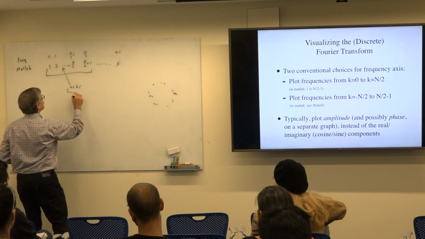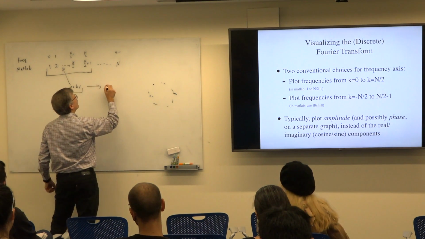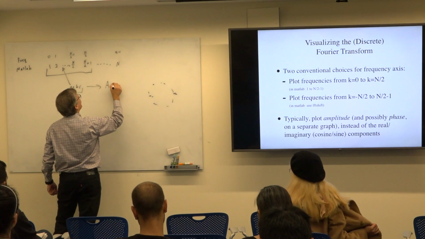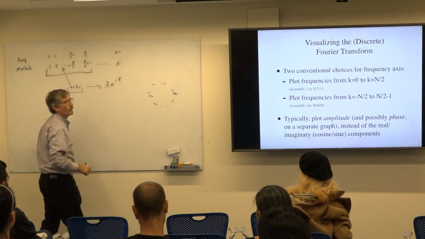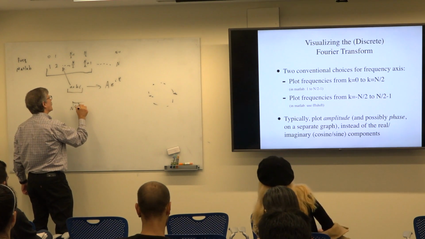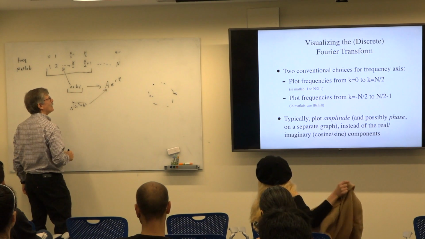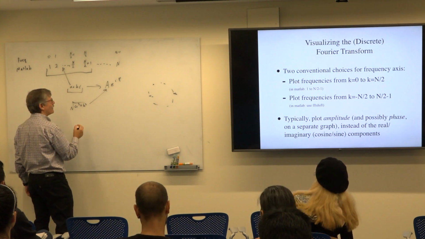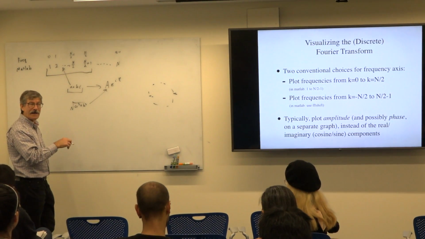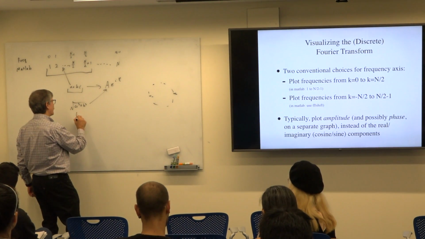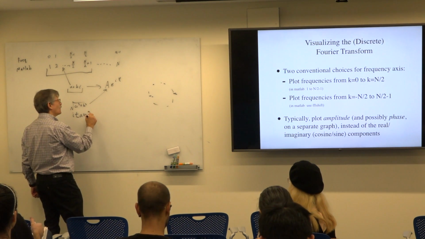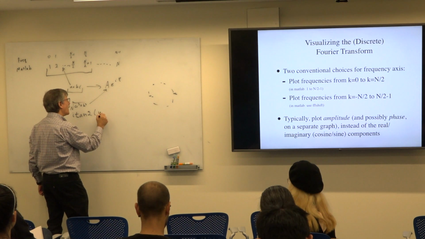Or you could take a plus bi and convert it to capital A e to the i phi, meaning you could compute the square root of a squared plus b squared, which is the amplitude, and you could compute, well, I won't say arctangent because I want the full 2 pi as an angle, so I'm going to say atan2 of y comma x.